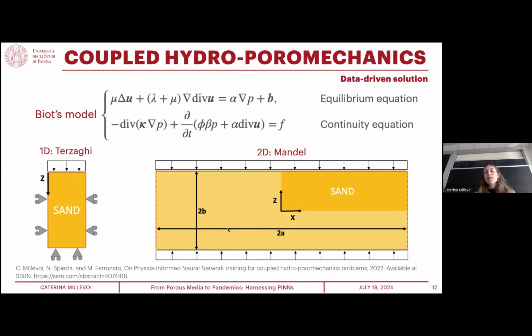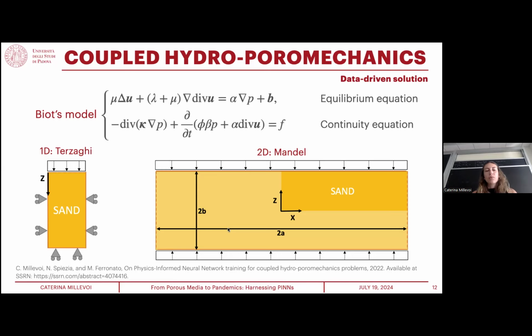It is a coupled model, so we have two unknowns, which are displacements and pressure, that are strongly coupled with each other. And we focus on two benchmarks: the one-dimensional Terzaghi problem, that consists of a sandy column on top of which a constant load is applied, and the two-dimensional Mandel's problem, which consists of a two-dimensional sandy slab that is squeezed from the bottom by a constant force.